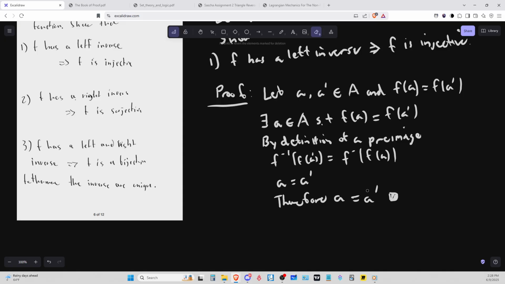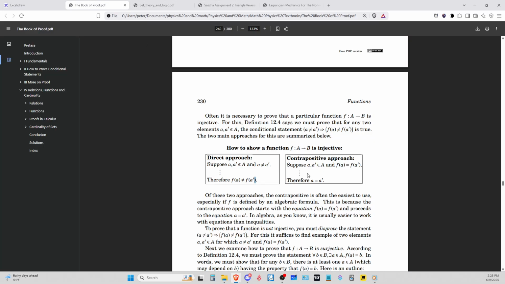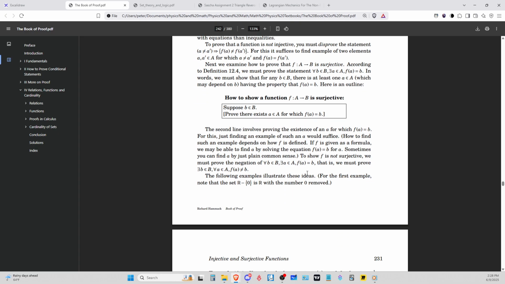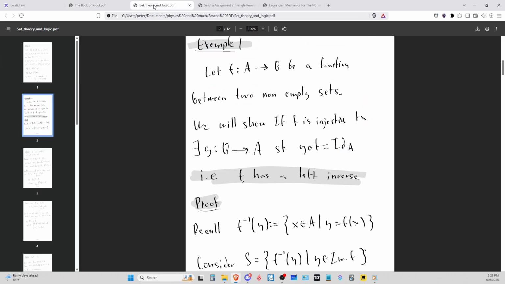You need to start from the definition of the left inverse. Okay. So this book is not telling us what the left inverse is. Sascha pointed out in his notes that we have to have an inverse.